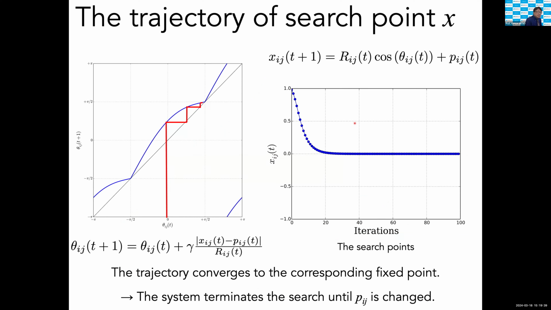In this quasi-stable fixed point, the solution first approaches the fixed point in the following manner. As a result, the system stops searching for solutions until the parameter P is alternated. To resume the search for solutions, we adjust the nonlinear map.